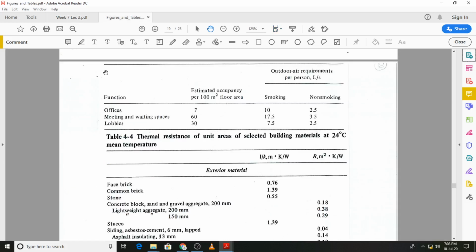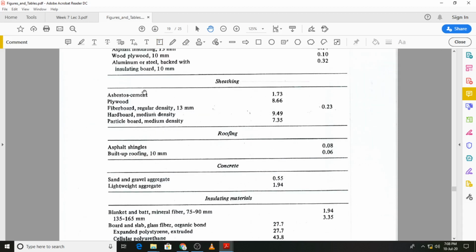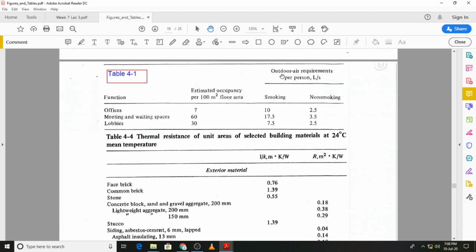So this is table 4-1. The table number is missing over here, I'll just enter it. You can see we have the outdoor air requirements per person in liters per second. We have just 3 options over here, that is offices, meeting and waiting spaces, and lobbies.